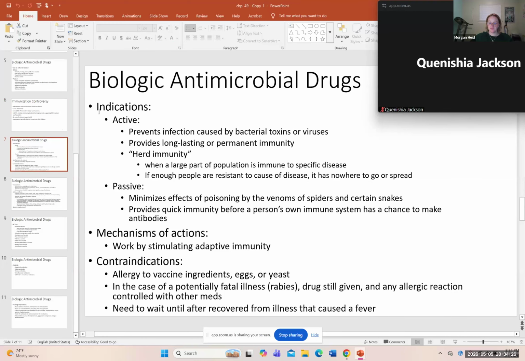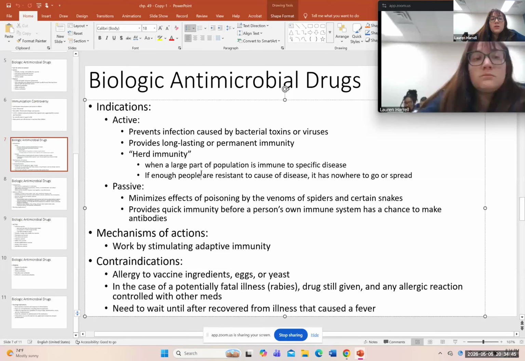So why are people taking these? Again, with the active kind, we're taking it either to immunize ourselves or to get herd immunity. Are we all familiar with what herd immunity is, or do I need to go over that? Go over it. Okay. It was like when COVID was rampant.